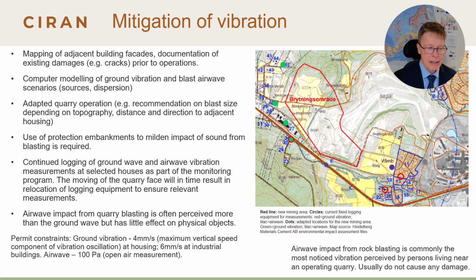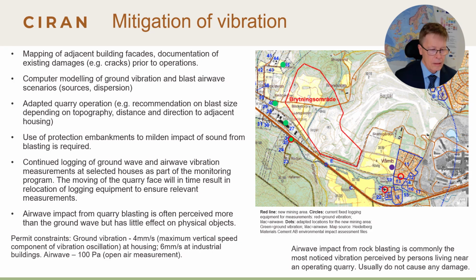Apparently, the airwave impact is often perceived as stronger than the ground wave, but as the airwave has little effect on physical objects, it is the wave through the ground that may cause damage if it's too severe. But the condition is it should not, so therefore they have to keep the blasting technically as promised.